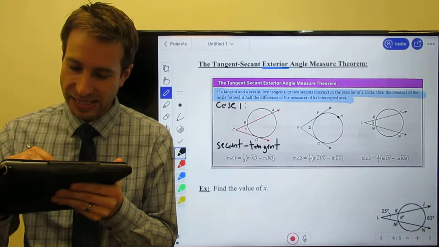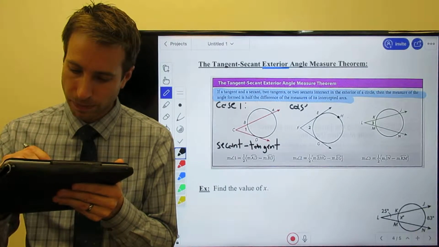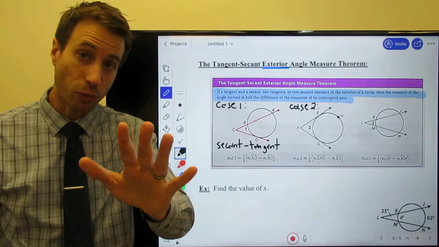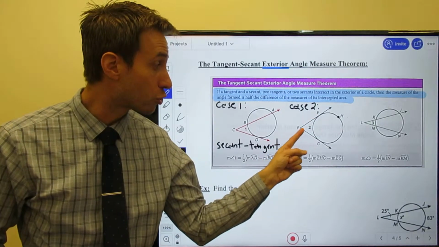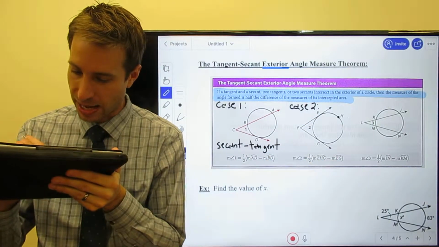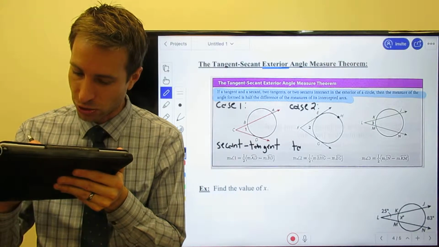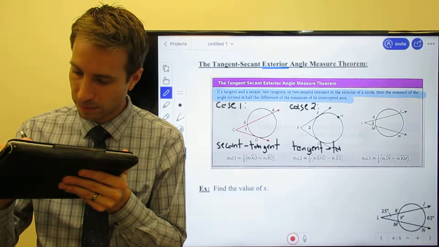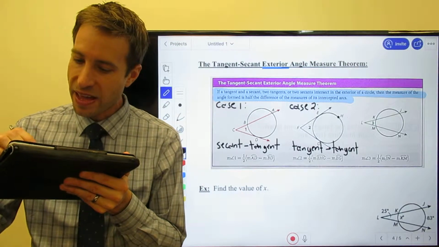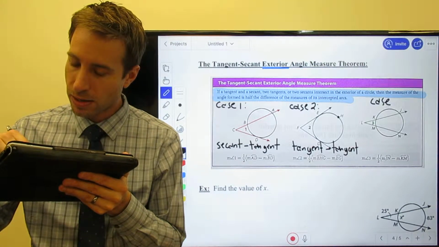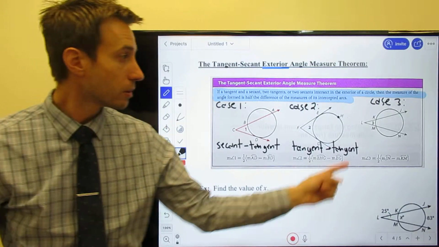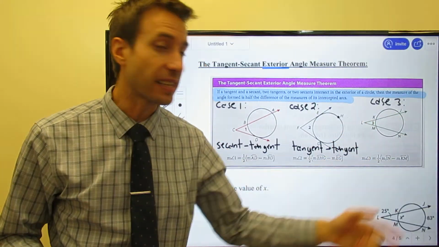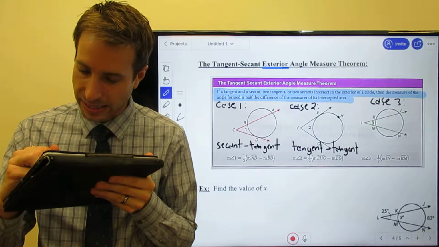This is case number 2. This is if you have 2 tangent lines, so this would be tangent, tangent. And then you have case number 3: secant line, secant line. So this is if you have a secant, secant.